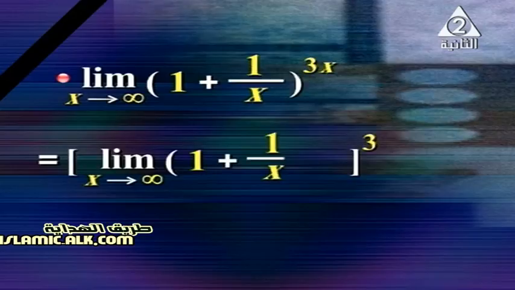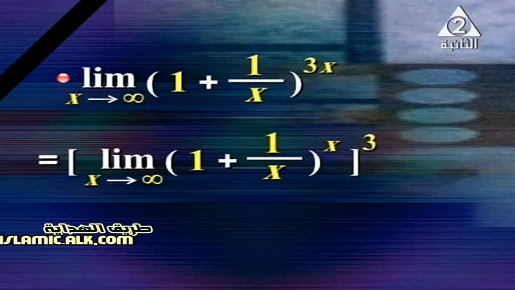Remember, dear student, the limit when x tends to infinity of the bracket containing 1 plus 1 over x, all to the power 3x, equals what? Excellent student. We distribute the power: the limit of the bracket 1 plus 1 over x, all to the power x, all to the power 3.